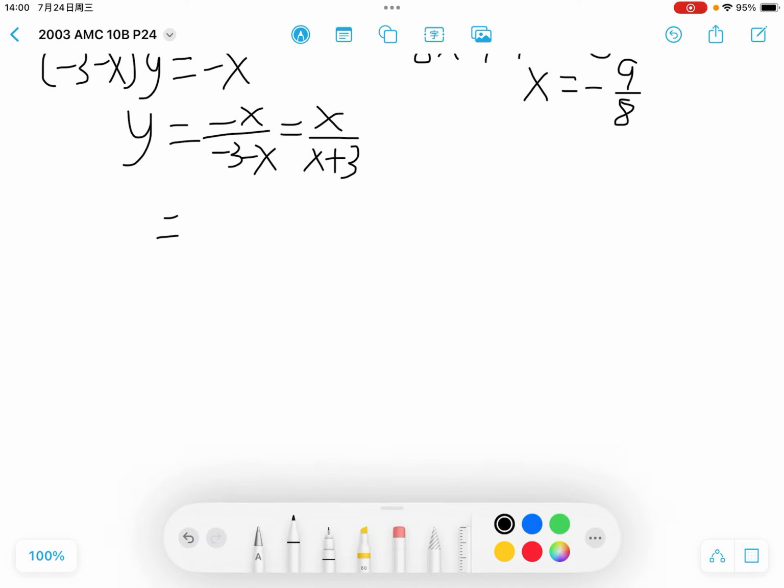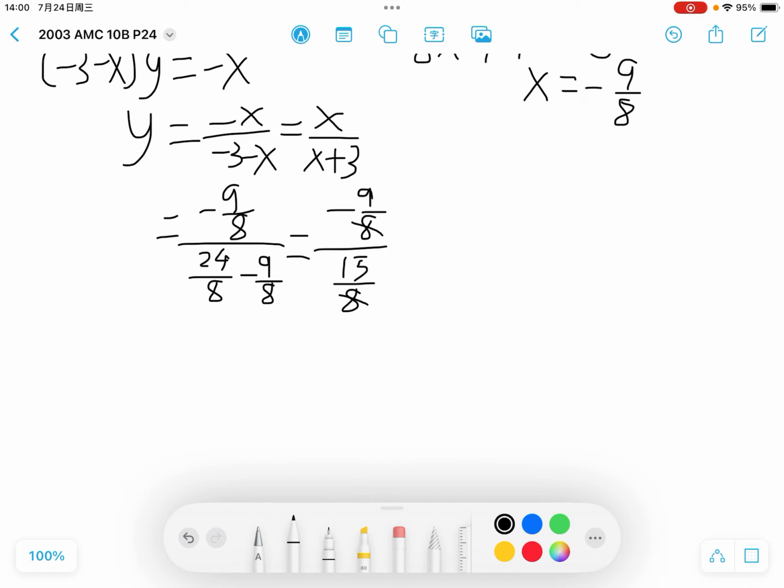So y is just x over x plus 3, which is negative 9 over 8 over 24 over 8 minus 9 over 8. So 3 can be written as 24 over 8. And we have negative 9 over 8 over 15 over 8.